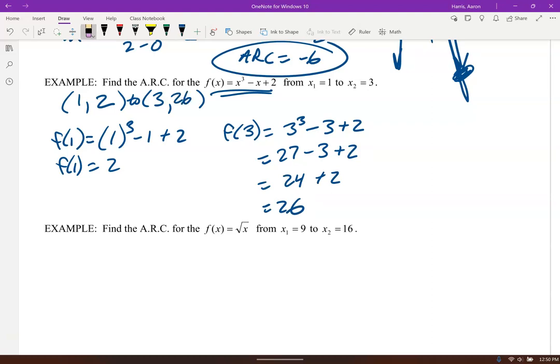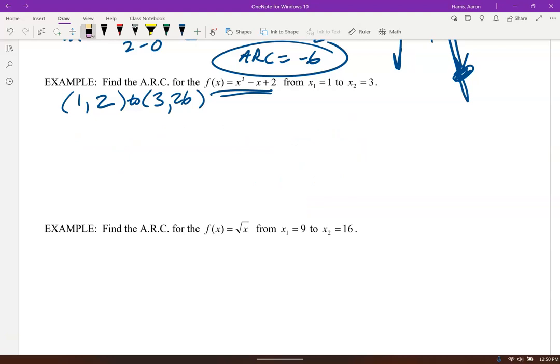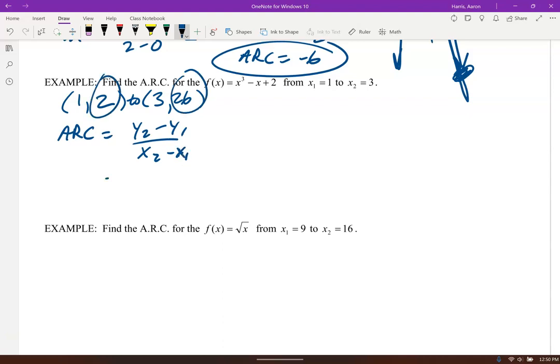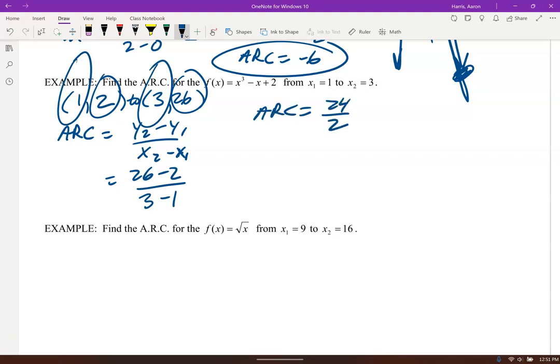Now let's find the average rate of change. Average rate of change is the slope. So y2 minus y1 over x2 minus x1. So 24 over 2, or 12, is my slope, or average rate of change.